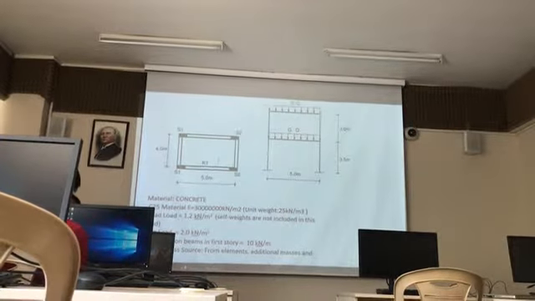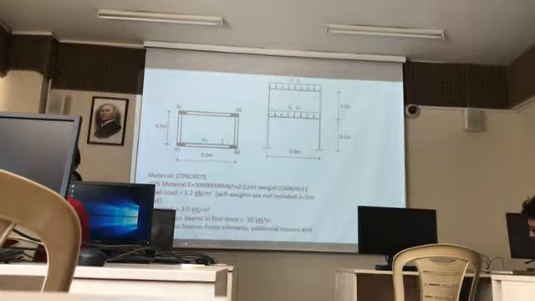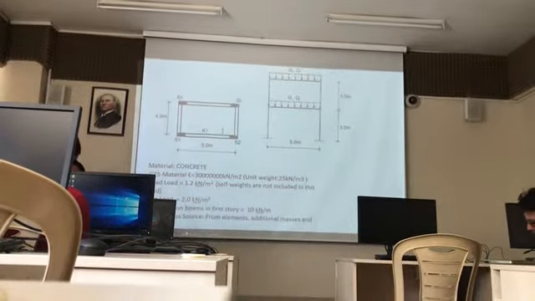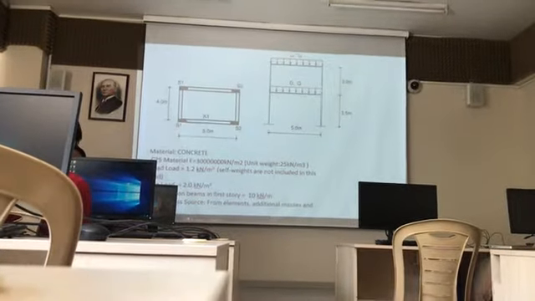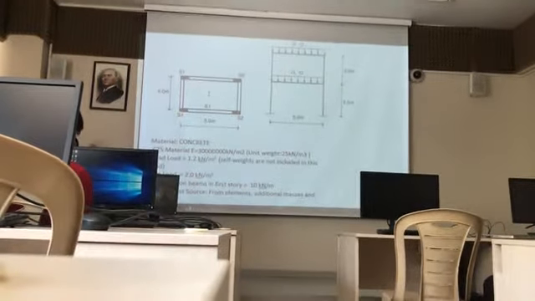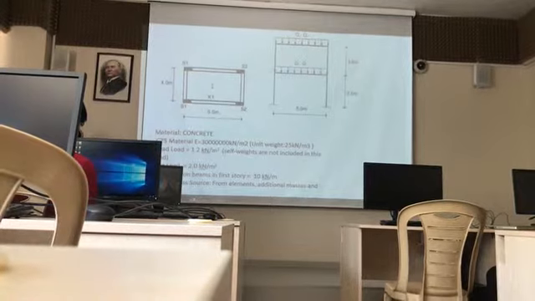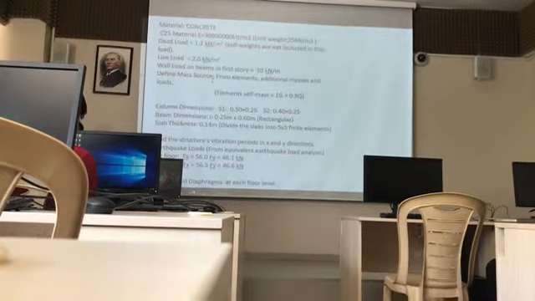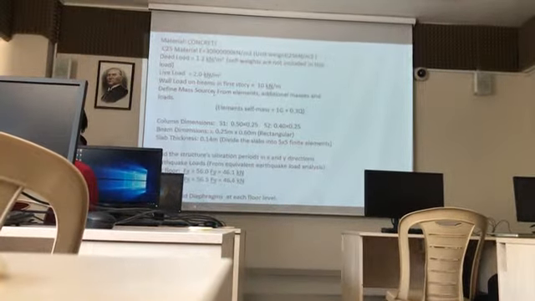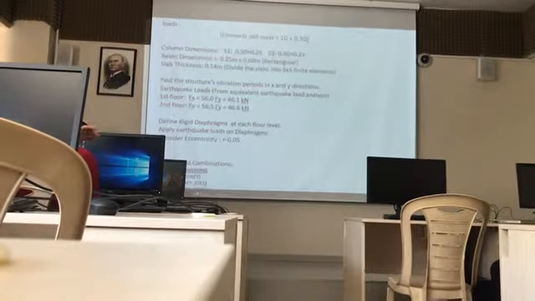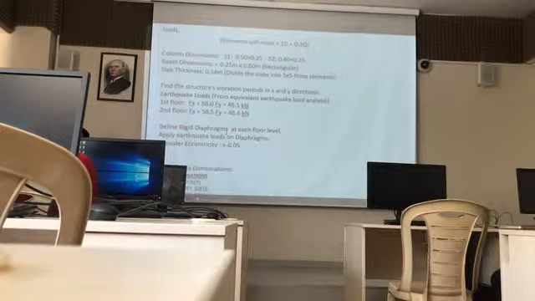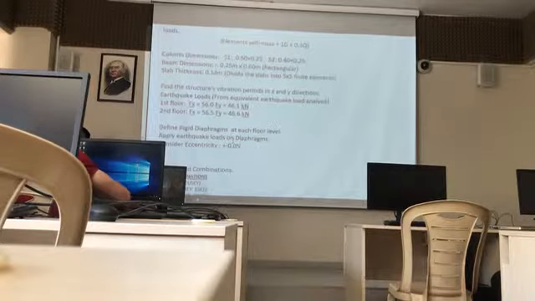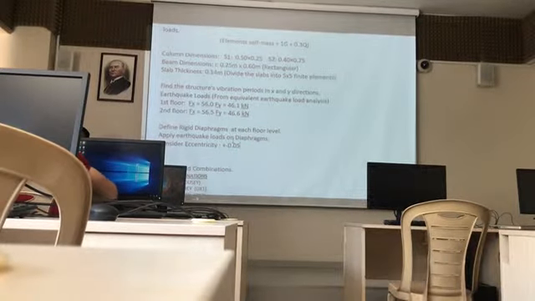Or you can put live load here, your center of mass changes. Therefore, we cannot be sure about the location of the center of mass. In order to account for this uncertainty of the center of mass, we have to consider this eccentricity. Let me explain this first.